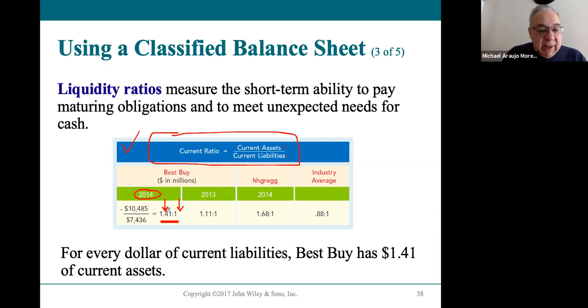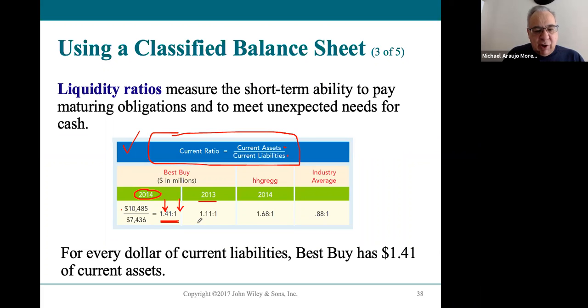So how you would read this is basically that Best Buy has $1.41 of current assets for every dollar in current liabilities. So in this case, they have much more than a 1-to-1 ratio, which means that they should be able to cover their current bills pretty well.